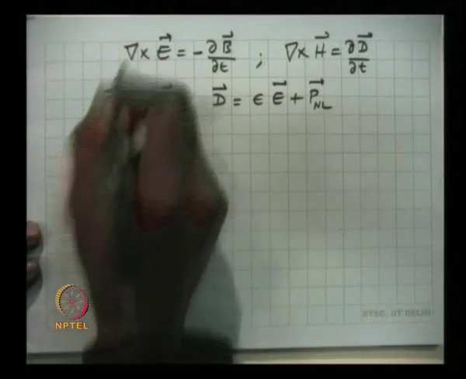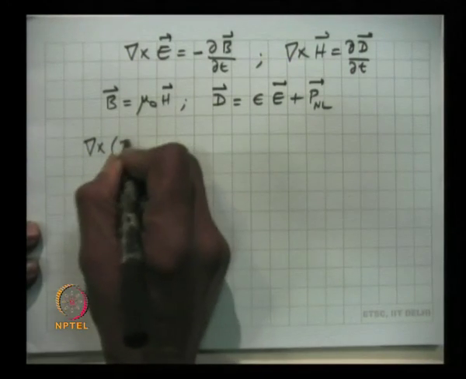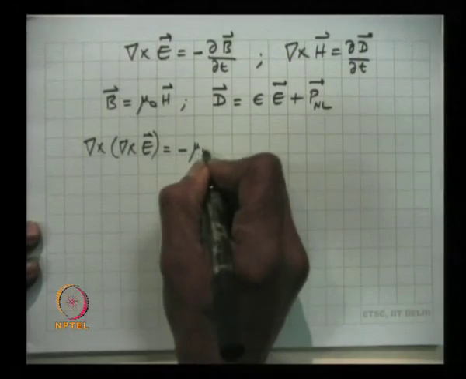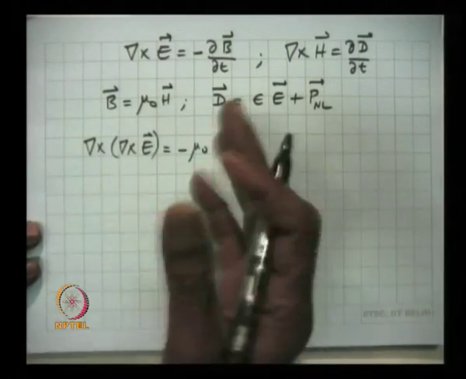So, let me take a curl of the first equation. So, del cross E is equal to minus mu 0. Now, I interchange the time and space derivatives.